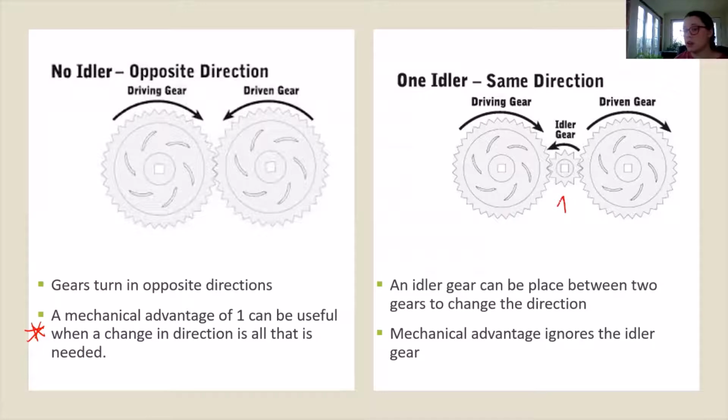So this one doesn't change the mechanical advantage. So the only thing we need to worry about is the driving gear and the driven gear. And as long as they're in a long sequence, we don't have to worry about what the gears are in the middle. They kind of all cancel each other out.